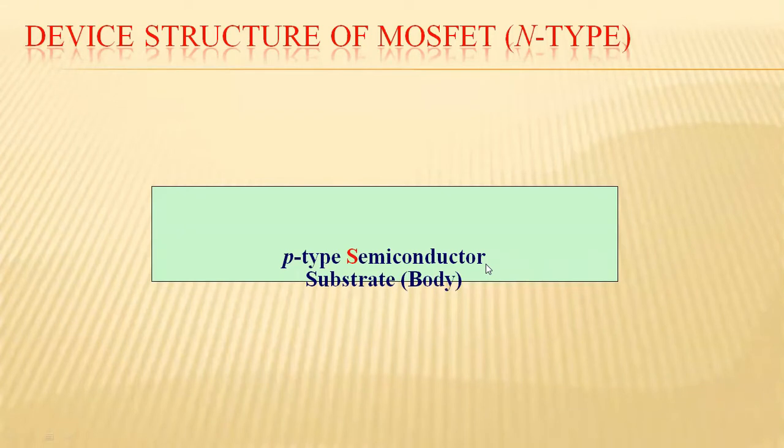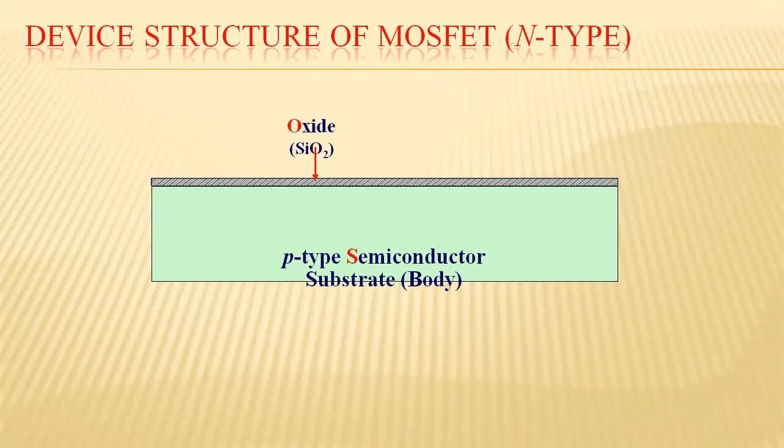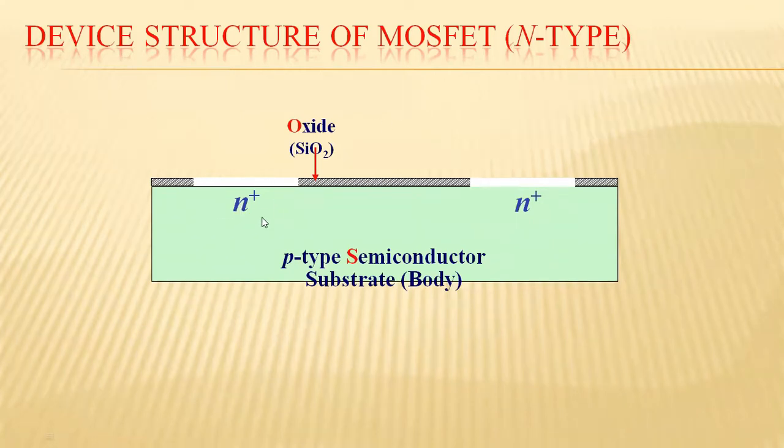On this P-type substrate, first a silicon dioxide layer is grown, and wherever you require source and drain terminals, there it will be etched. That means in these portions, this layer will be removed. And then heavily doped N-type impurities are diffused into these regions.